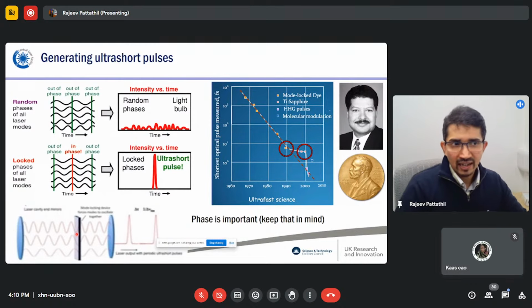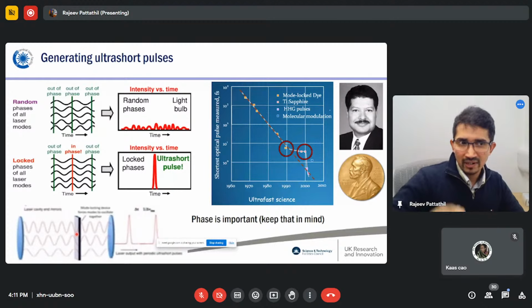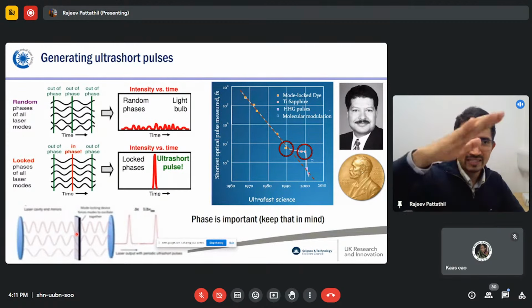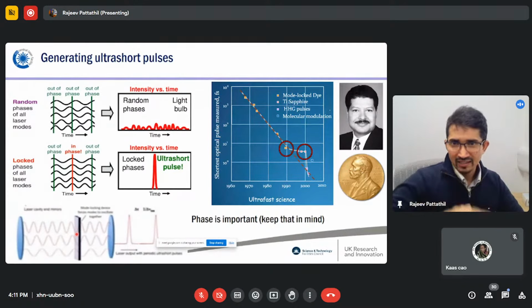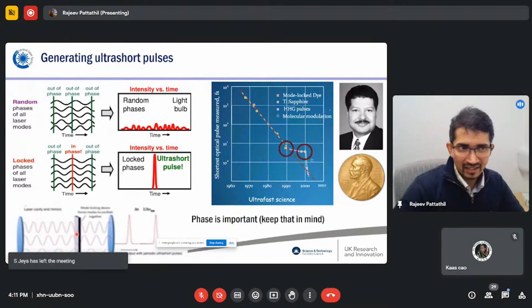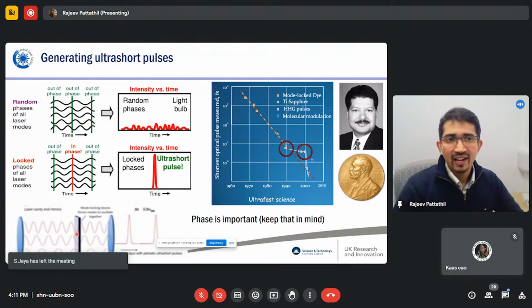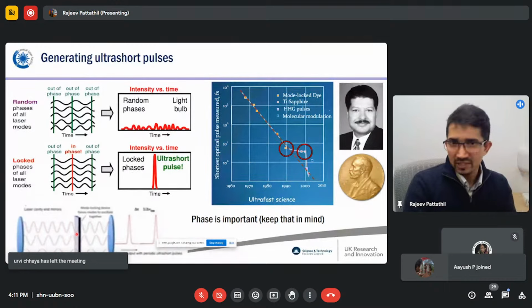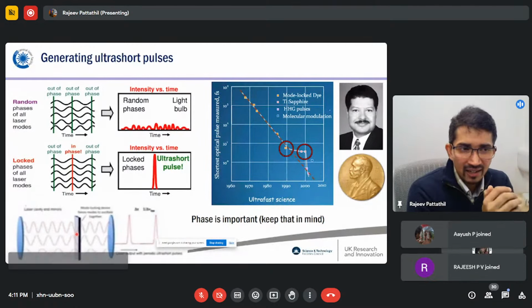Within the cavity, like you would have seen in your +2 lab with the resonance column experiment, by changing the length of the column, the frequency that the column resonates changes. Basically, each cavity can support only certain modes. Similarly, even a laser cavity can support only certain modes.